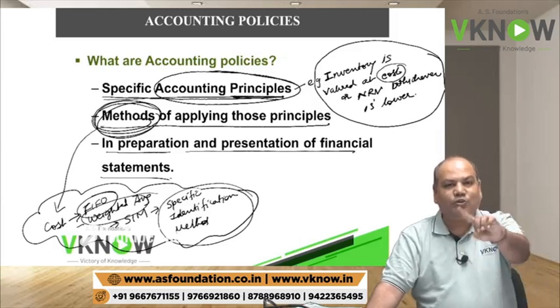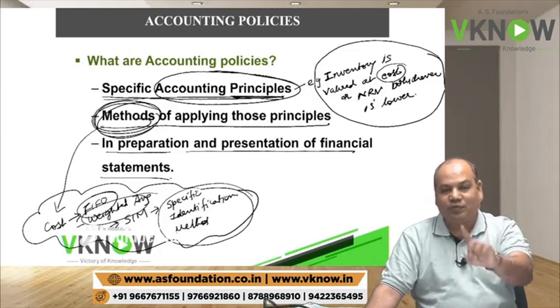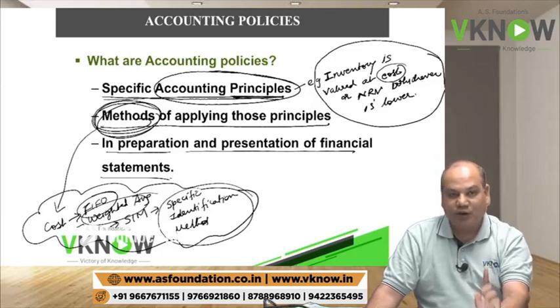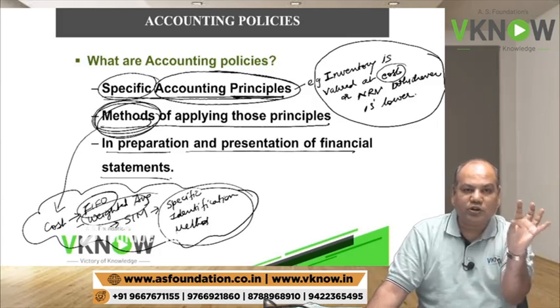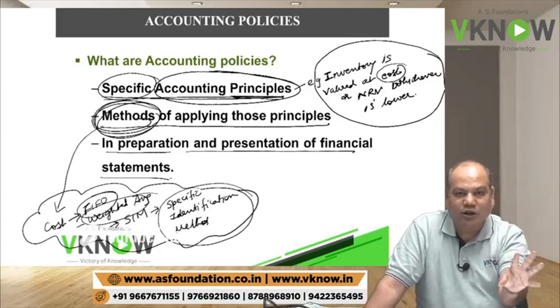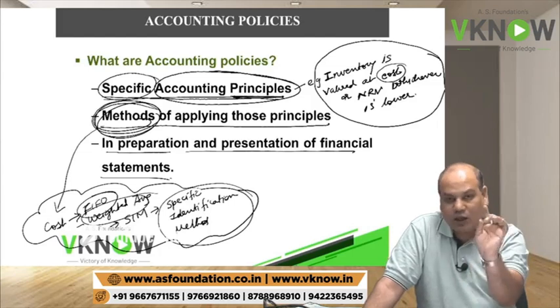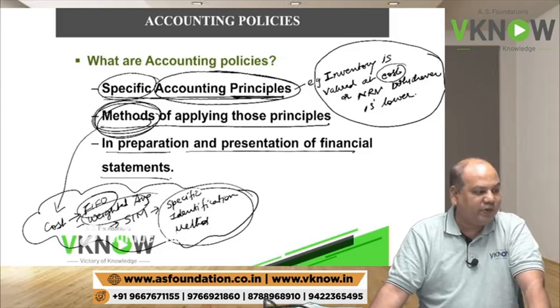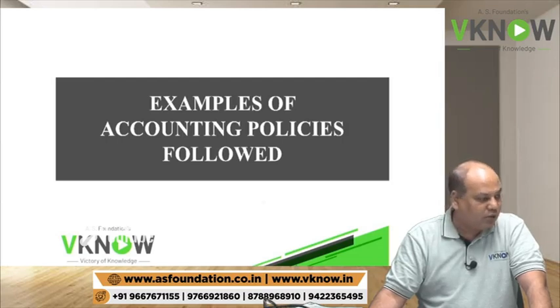All of you will shout at the top of your voice. Accounting policies are specific accounting principles, specific. That means for this kind of transaction, what policy I have to follow? Specific accounting principles and methods of applying those principles in preparation and presentation of financial statements. That is called accounting policy.